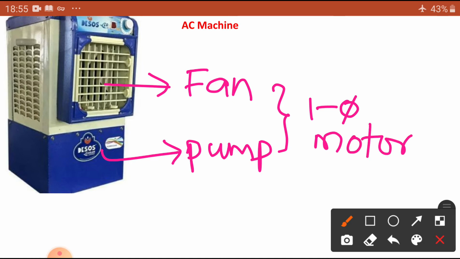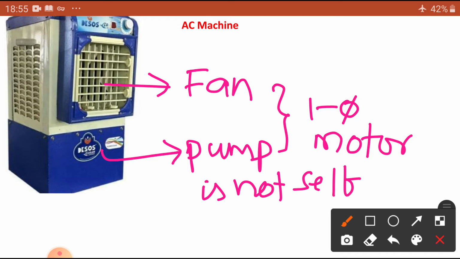A single phase motor is not a self starting motor. That means whenever the switch is on, the motor will not run like the DC machines. Some initial momentum is required, and for that purpose I use different methods to start single phase motors.